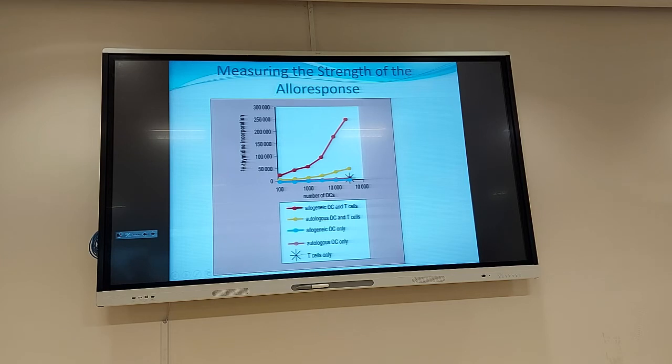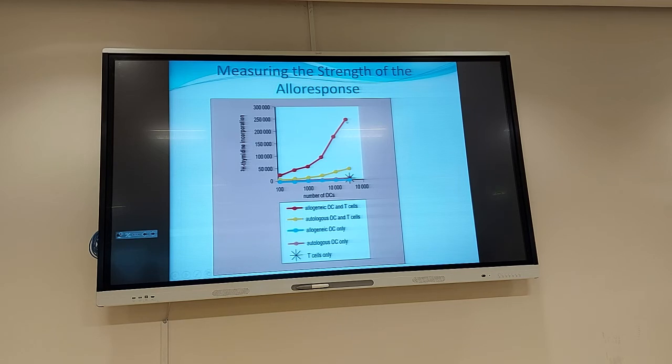This y-axis represents the amount of radioactivity in the culture medium. And then these controls are just the irradiated cells alone or the recipient cells alone. No difference there. So again, the highest increase in radioactivity means that it's not an ideal match because there is a reaction.